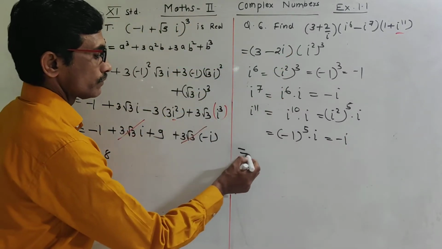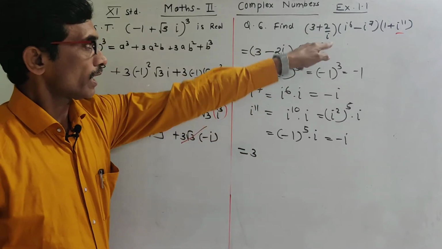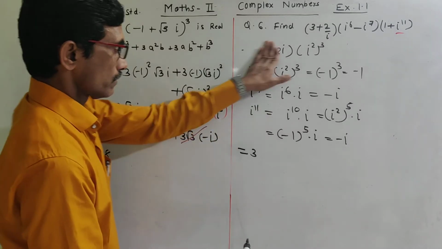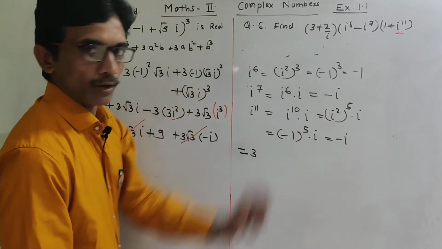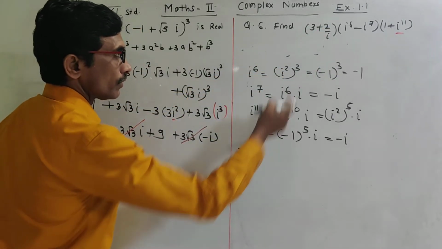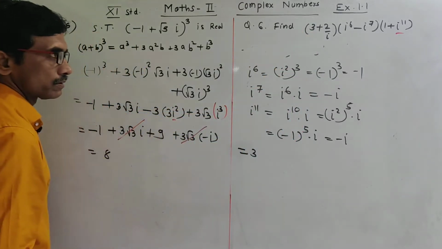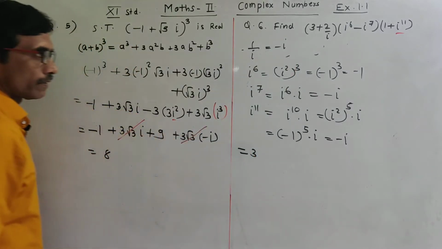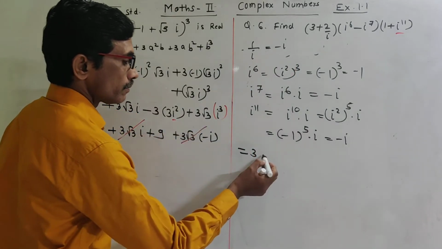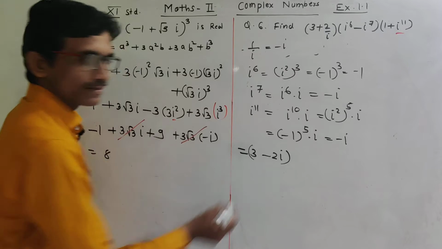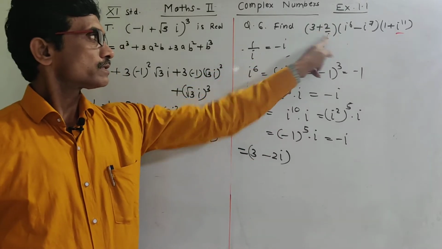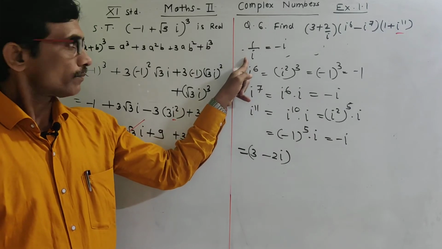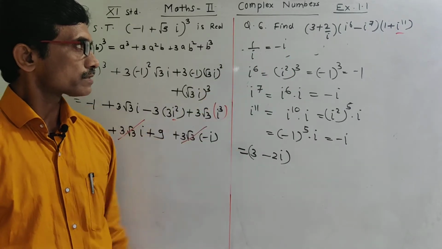We substitute this. So 2 upon i, that is 2 into 1 upon i, is -2i. 1 upon i is -i: we multiply by i, so it is i square, -1, and this is i, so it is -i.